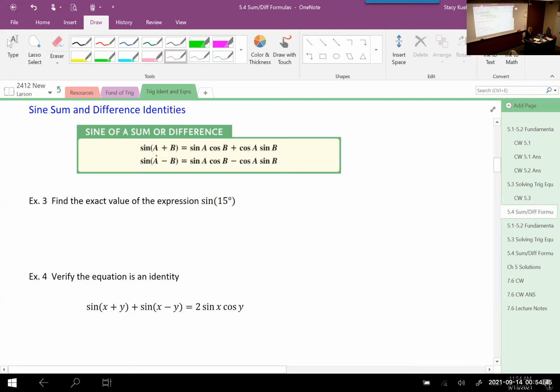The process will be similar, but the identity itself is different. So the sine of angles A plus B would be sine A cosine B plus cosine A sine B. And the difference is sine A cosine B minus cosine A sine B. So you're flip-flopping back and forth between sine and cosine, but the sign, positive versus negative, add, subtract, follows with what you started with.